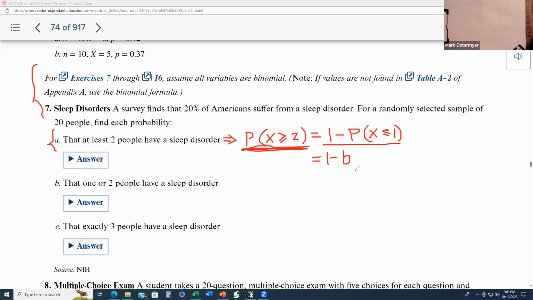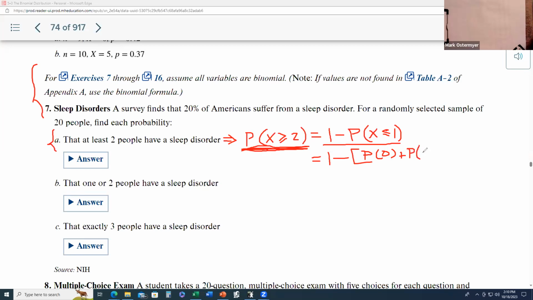well, what is this going to be? Hold on. Hold the show. Hold on. Okay. You agree this is going to be equal to 1 minus the probability of 0 plus the probability of 1 success?